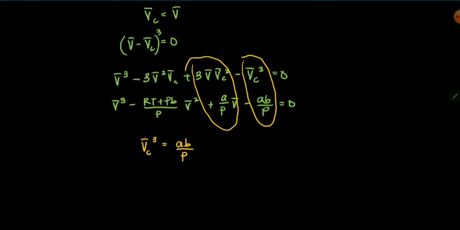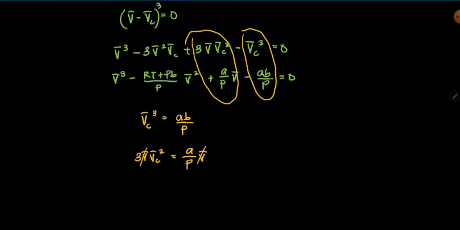Then, we can equate 3VC squared is equal to A over P times V bar. Okay? So, the V will cancel. We will have 3VC squared is equal to A over P. Okay?